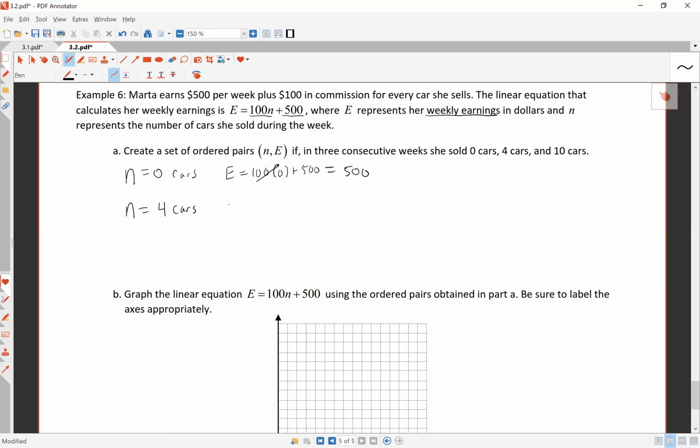If n equals 4 cars, then the earnings are $100 per car, which is 400, plus 500, which is $900.